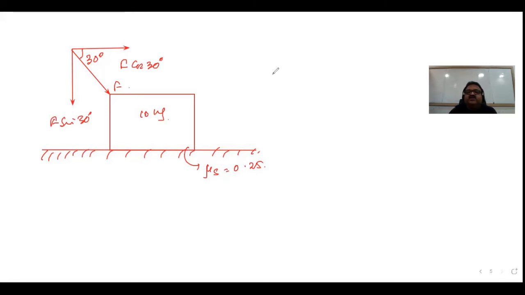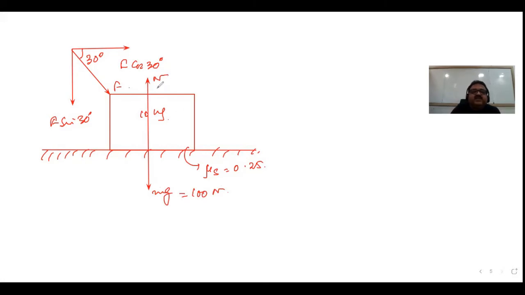Now let us try to find out the value of the frictional force. Mg along this direction, normal reaction along this direction. What is the value of mg? That is 100 Newton. Clear?